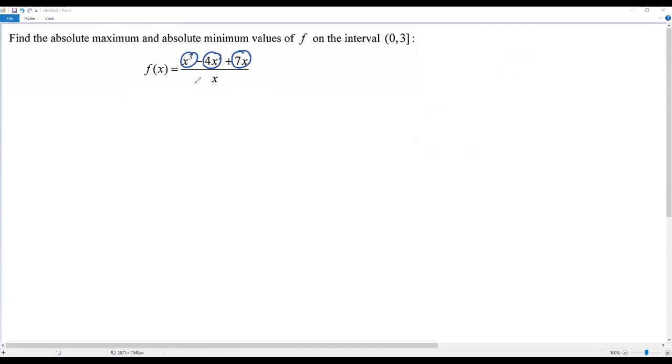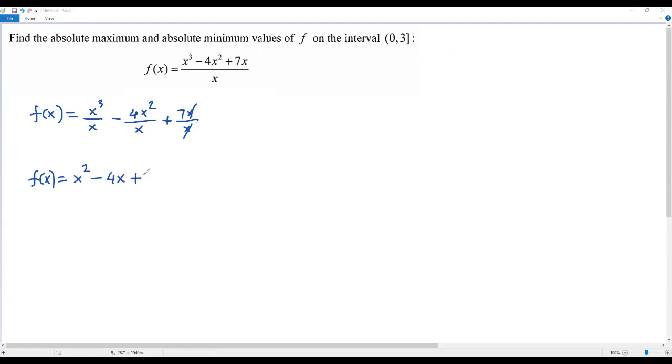All the terms in the numerator contain the variable x, so x can be taken as the denominator separately for each term, which lets me simplify the function. So f(x) = x^3/x - 4x^2/x + 7x/x. The x cancels out. Dividing x^3 by x gives x^2. Dividing 4x^2 by x gives 4x, and 7x/x gives 7. So f(x) = x^2 - 4x + 7.